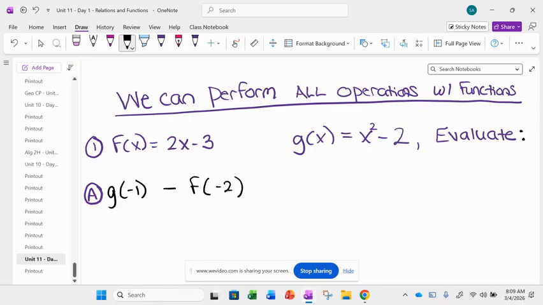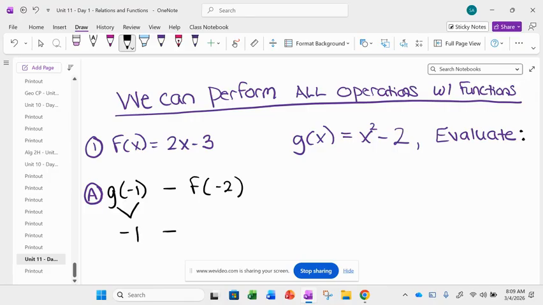It wants me to go to g of x, and wherever I see x, what am I subbing in? -1. So I could do this in my head. The quantity of -1 squared is 1, minus 2 is a -1. So g of -1 is -1 minus, now we're finding f of -2. Oh, sorry, not -3, -1. Thank you.